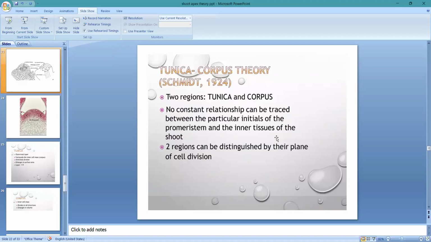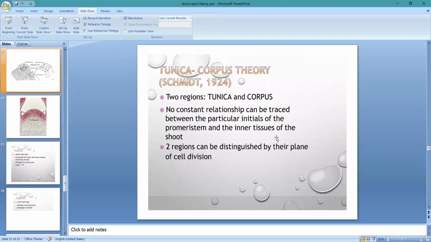So that's why some scientists gave other terms: Popham and Chan used the terms mantle and core for tunica and corpus respectively. Instead of tunica and corpus, they use the terms mantle and core.